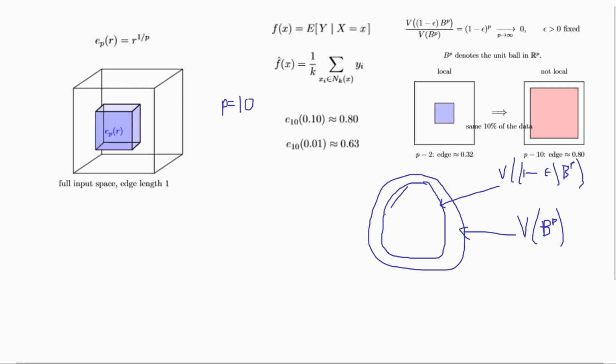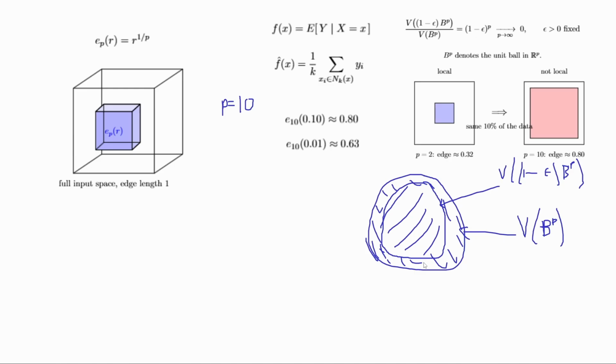In other words, the ratio of the inner ball divided by the outer ball goes to 0, and that can only happen when the outer ball has much, much more volume than the inner one. So most of the volume is on the edge.